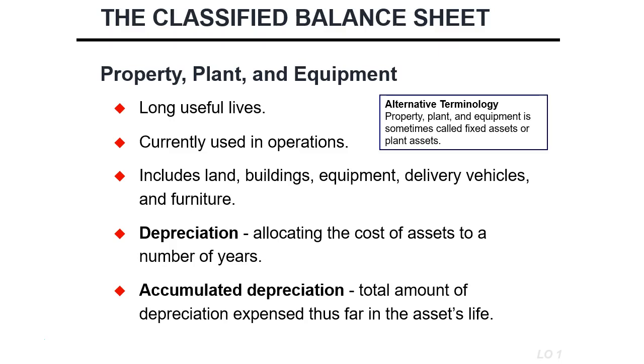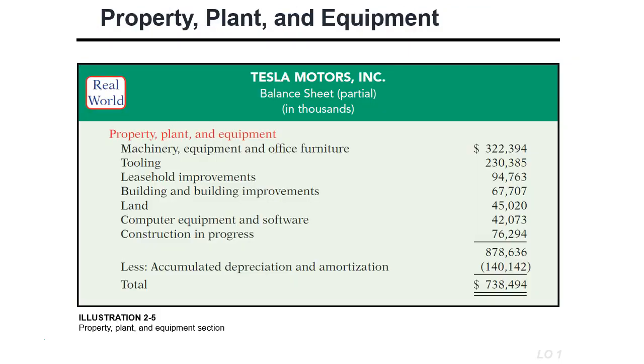As an example, here we have Tesla Motors, and this is showing the PP&E section for Tesla Motors. So they're showing all of their tangible assets: machinery, tooling, leasehold improvements, building, land, computer software, construction in process.